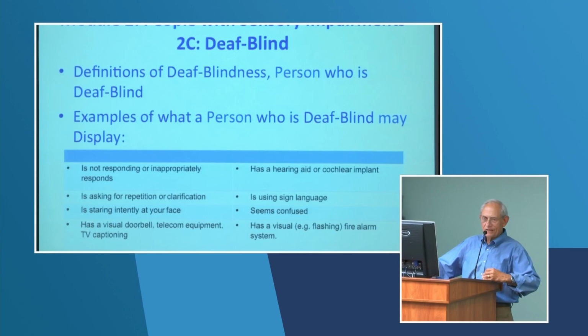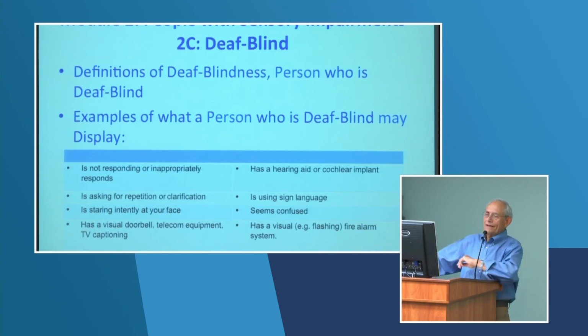That may be a person who's born with that, has a developmental disability with that, or a person who has had an injury. Sometimes persons who are in explosions become deaf and blind as a result of that.